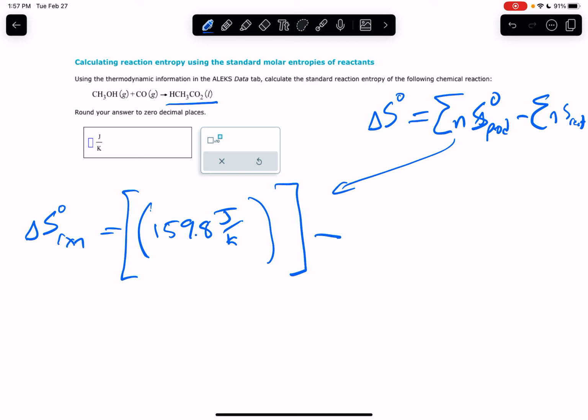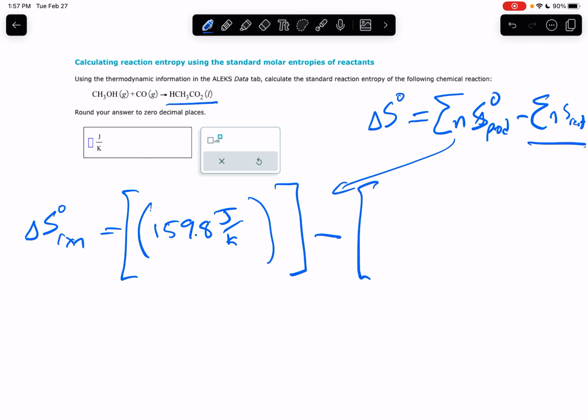And we're going to subtract from that all of the entropies on the reactant side. Since we have 1 mole of this and 1 mole of this, we're just going to read off what the table has and put them in here in our equation.